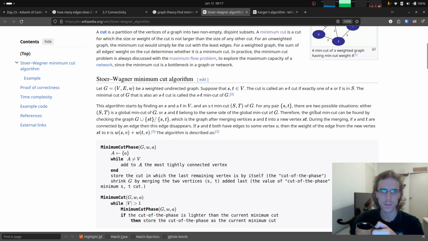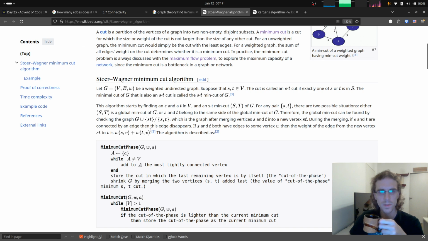For any pair S, T, there are two possible situations. Either the S-T cut is a global min cut of G, or S and T belong to the same side of the global min cut of G. Okay.